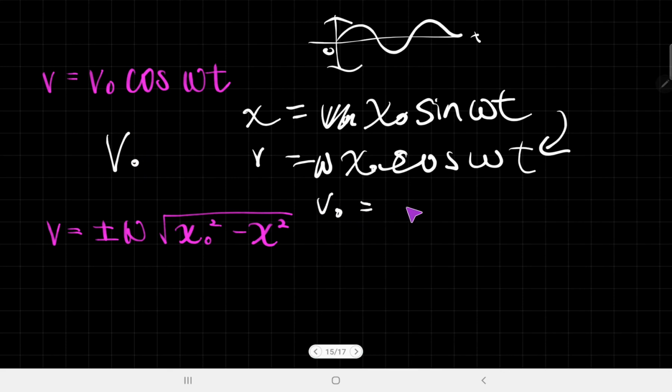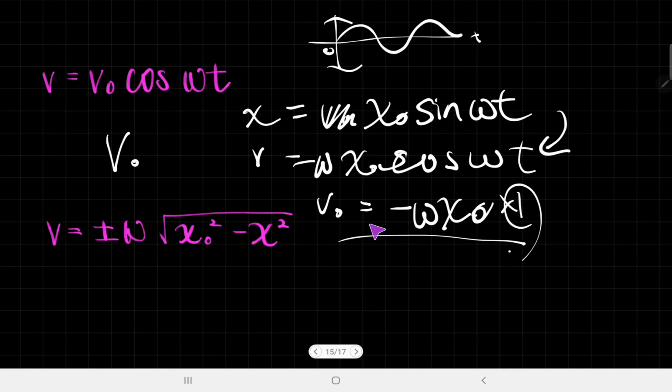v0 is going to be omega times the maximum displacement times 1. So that's what we've been able to prove. Now we substitute this back into this equation, and that's when we are going to get this equation right here.